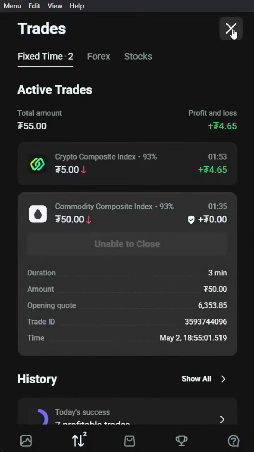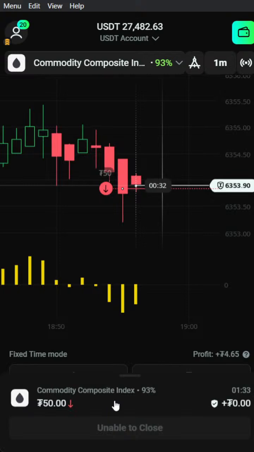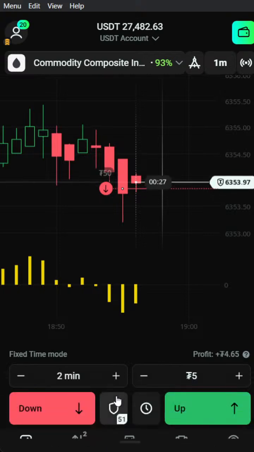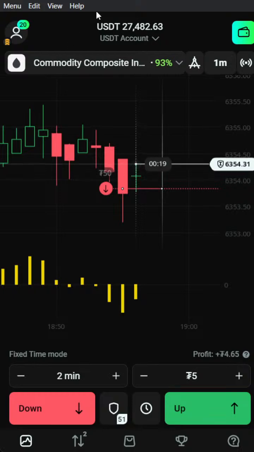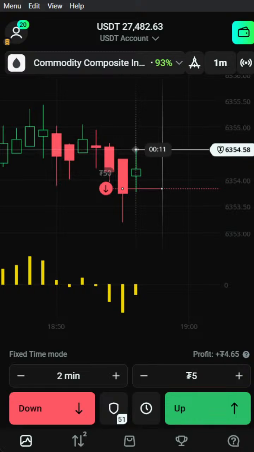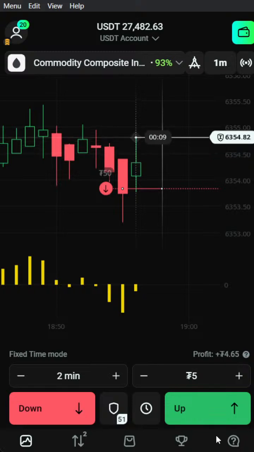What is happening to commodity? Come on. I want commodity trade to go positive. It's really, really important for us. Only then. Okay. No, it flipped.